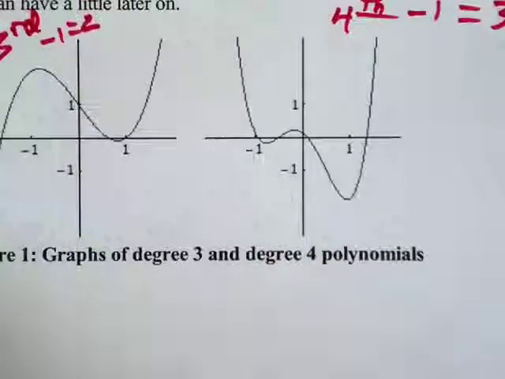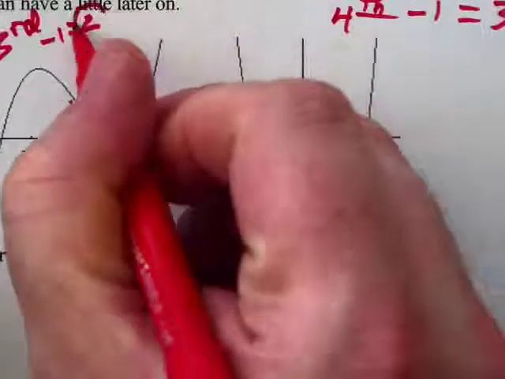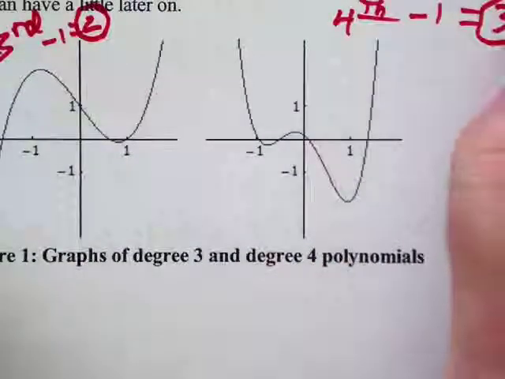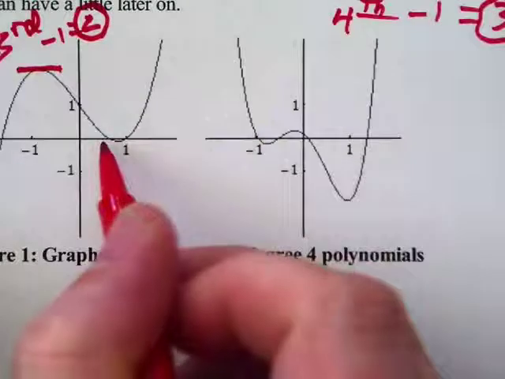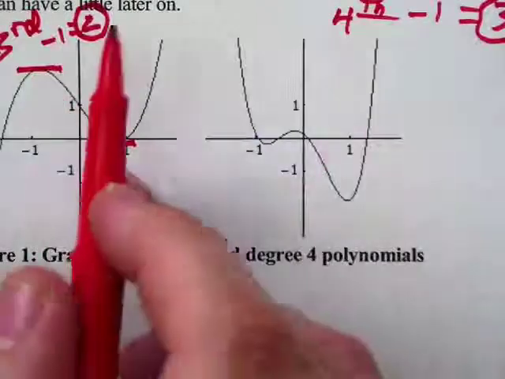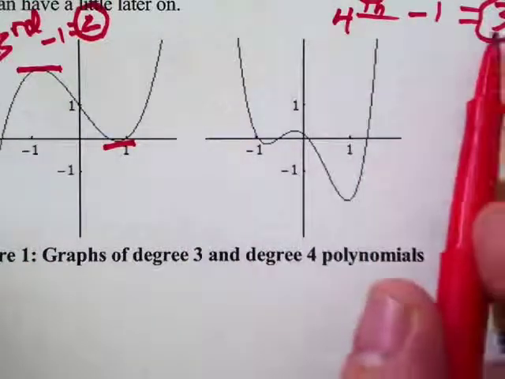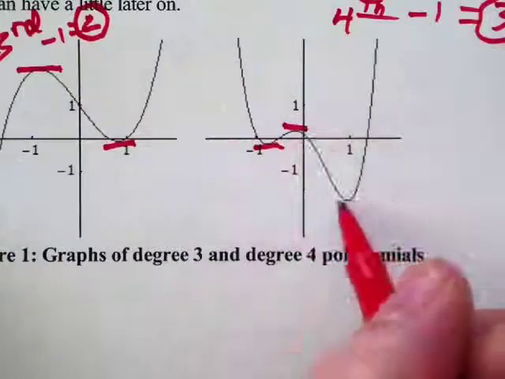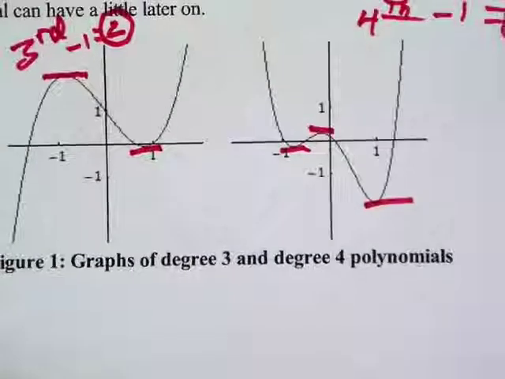There we go. So if we have a third degree, that tells us how many extrema we have. And what is an extrema? Well, it's right here. So there's 1, 2 extremes. And this is a fourth degree, so it's going to have 3 extremes, 1, 2, 3. Now where those are, well, that varies.